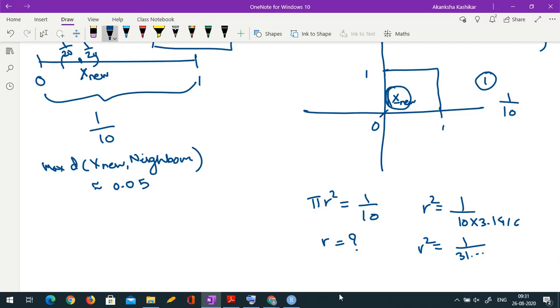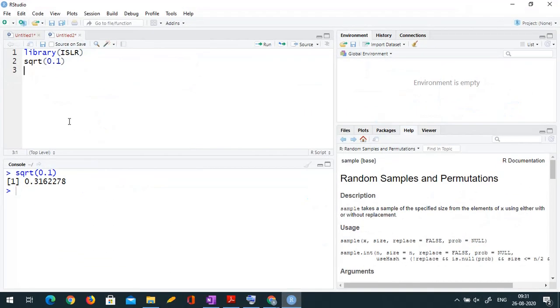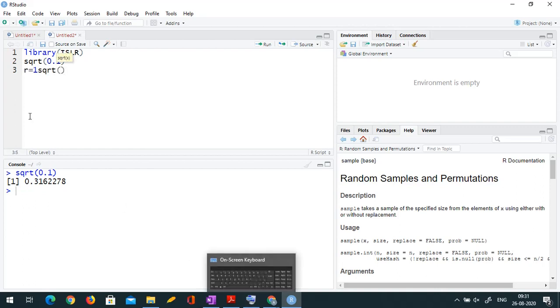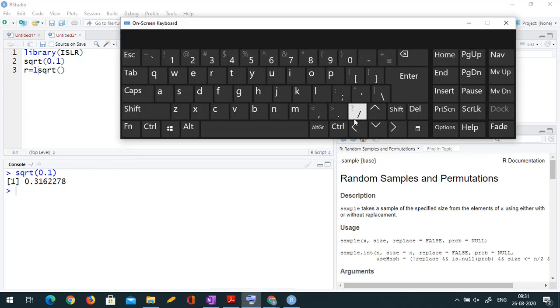So what is r? Let me check. So r is going to be 1 by square root of pi into 10.